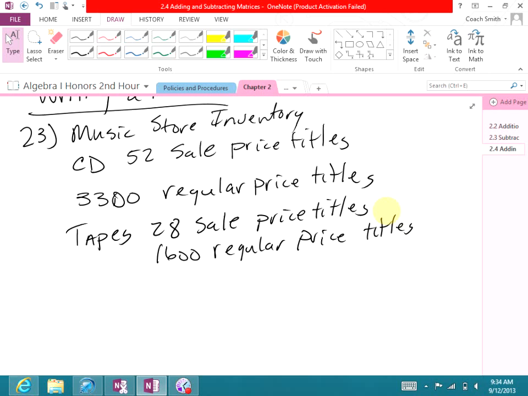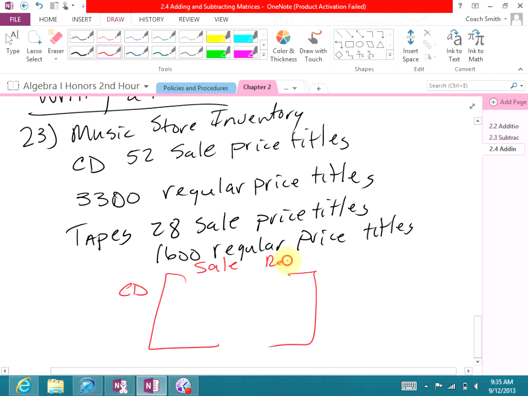So, to line this up in a matrix, you want things that are the same to be listed either in your columns or in your rows. So, for example, if I want CDs here, and I want ones that are on sale here, and ones that are on regular price there.